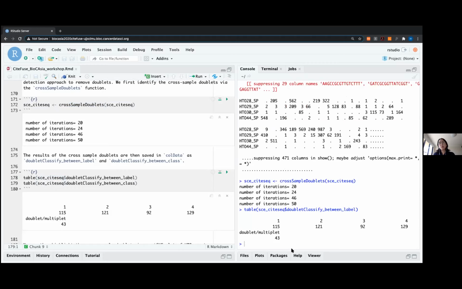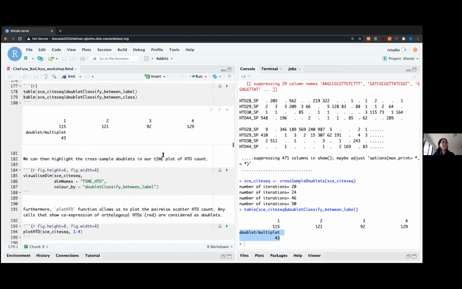So based on the mixture modeling, we find these number of cells that originate from each of the hashtags. So 1 here would refer to the first HTO tag and so forth. And we were able to detect 43 potential doublets that express 2 or more of these HTO tags.